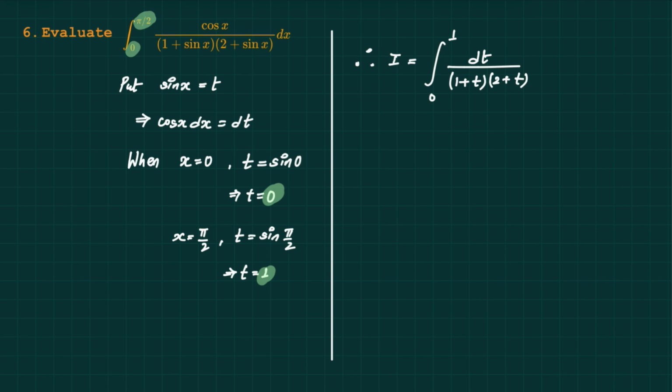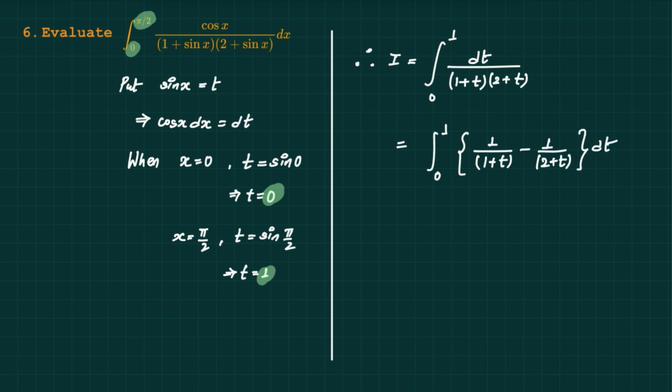Now to integrate this, we will use the partial fractions which we have learned previously. So this equals the integral from 0 to 1. If I do the partial fraction here, then this will be separated into 1 over 1 plus t minus 1 over 2 plus t, dt.